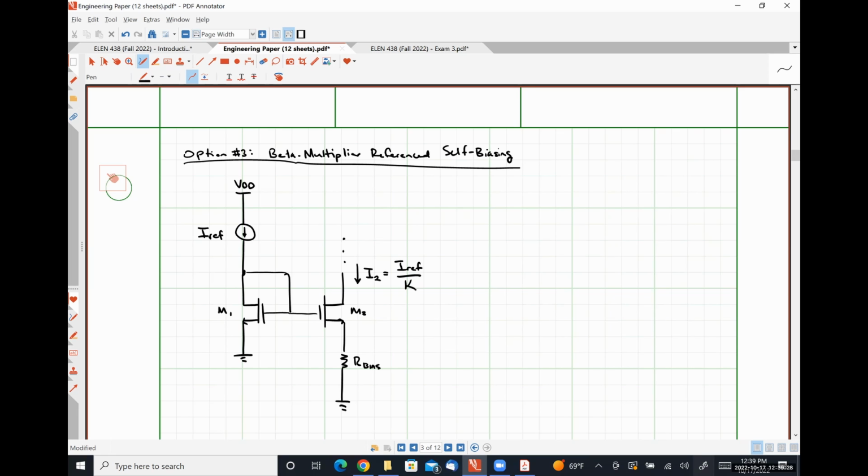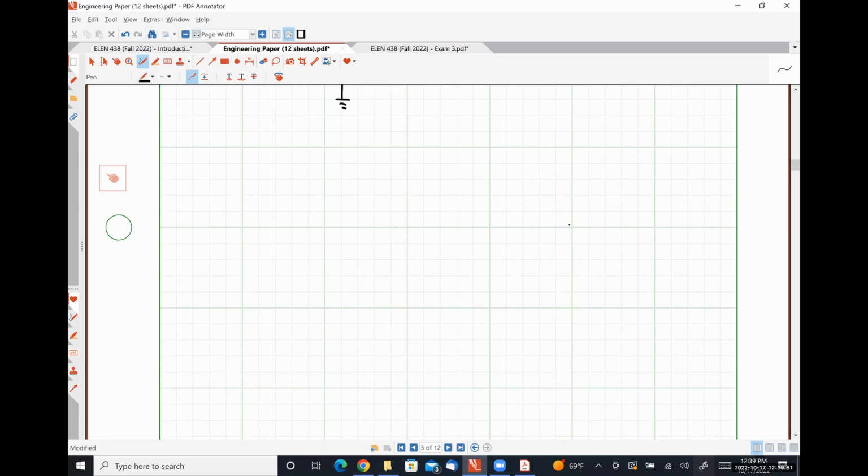Not particularly important to what we're doing here. This is just the baseline for where this came from, and we actually analyzed this circuit in its BJT form back in 336.